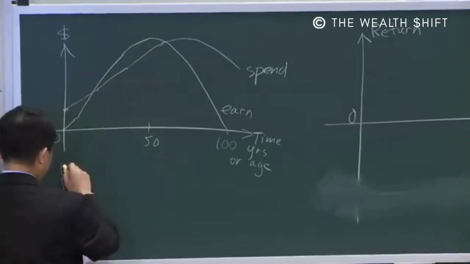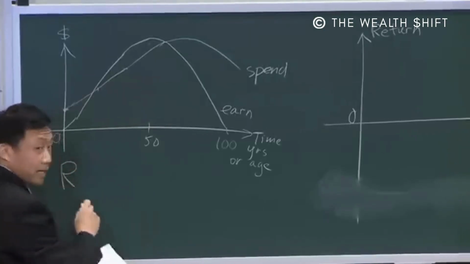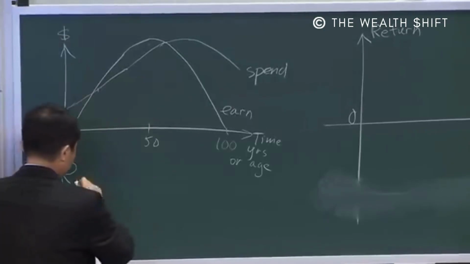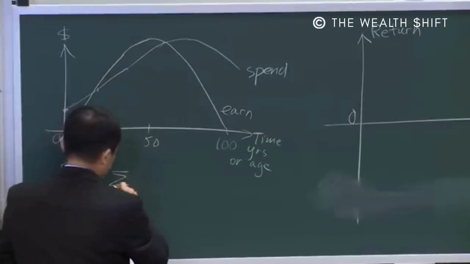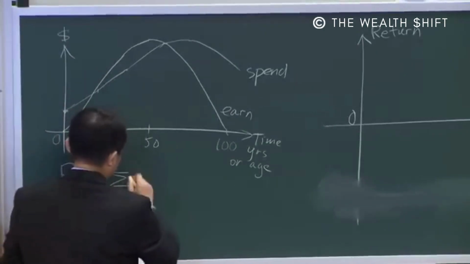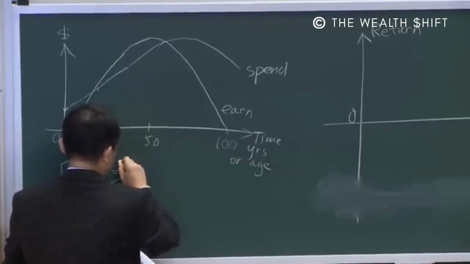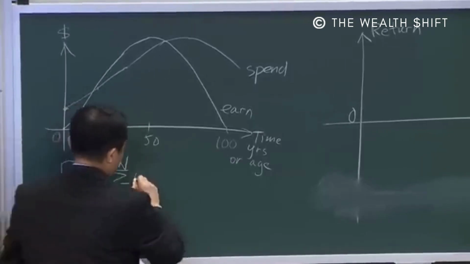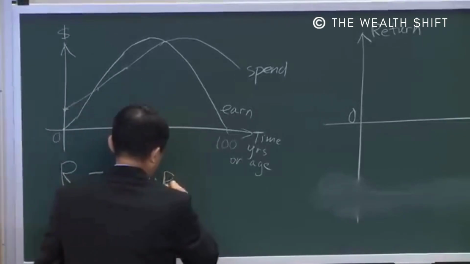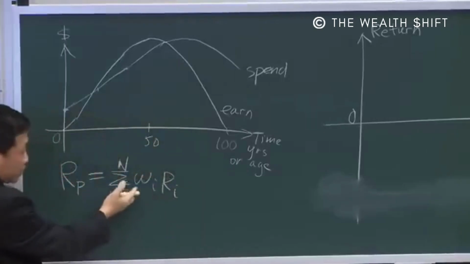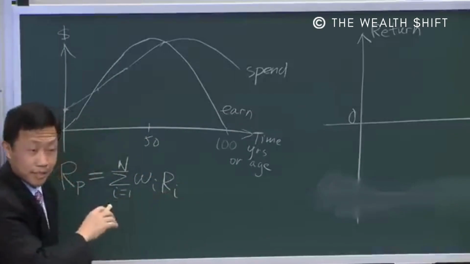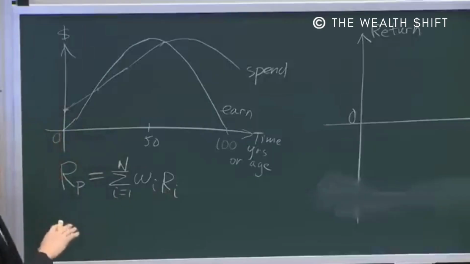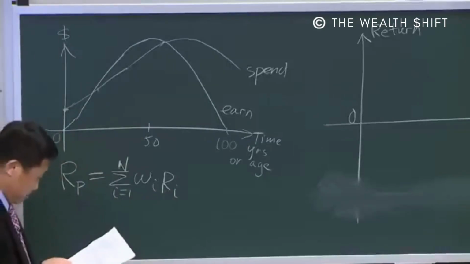So let's say you have a portfolio. Let's call the expected return of the portfolio R_p, equal to the weighted sum of all the expected returns of each asset. You basically linearly allocate them.